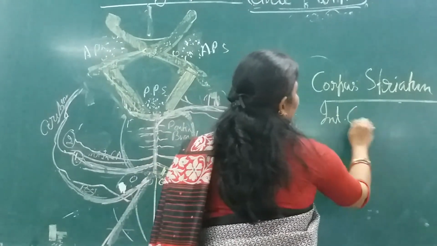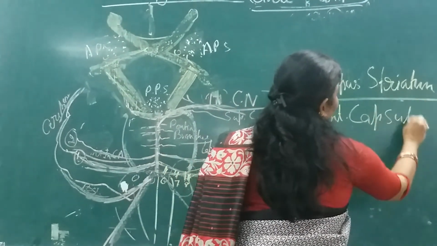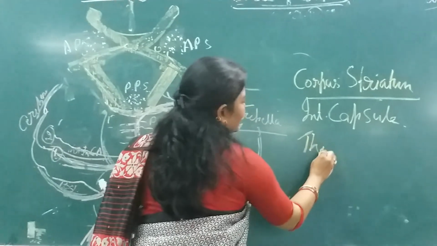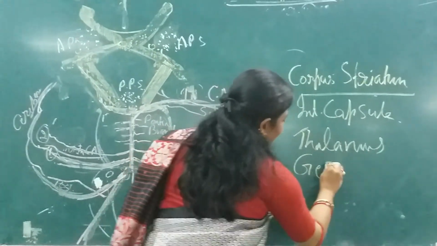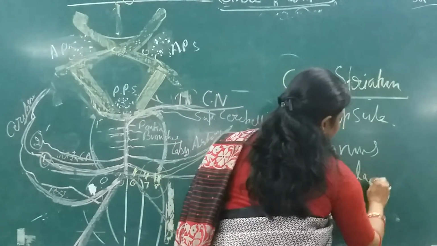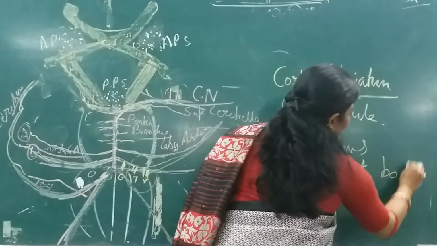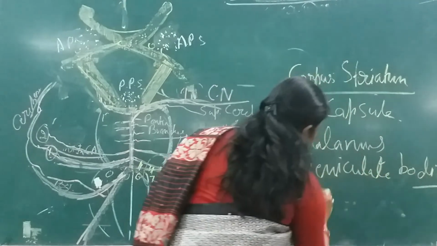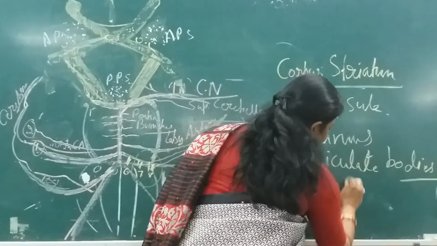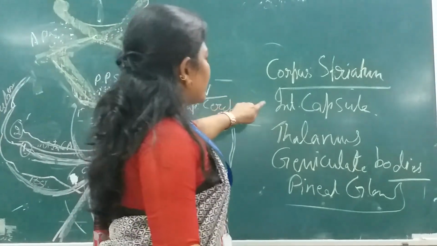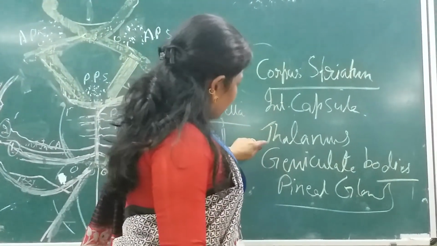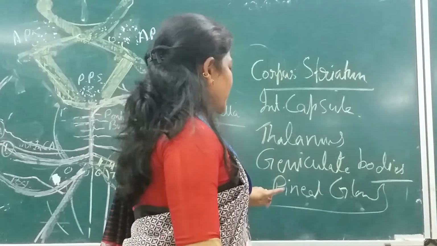The internal capsule is there. The thalamus is there. Geniculate bodies are there. The pineal gland is situated posteriorly. So these are the deeper structures: corpus striatum, internal capsule, thalamus, geniculate bodies, pineal gland.